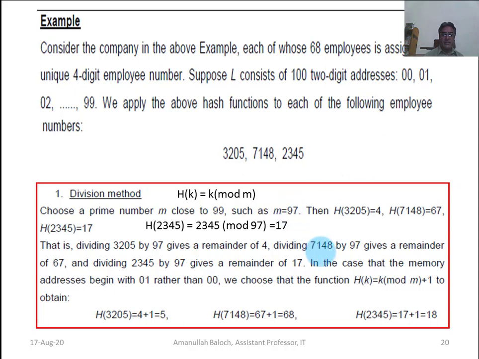But there are some programming languages whose index does not start from 0, it starts from 1. Then what will happen if we receive a remainder 0 from a hash function? There will be no 0 index in such programming languages whose index starts from 1.